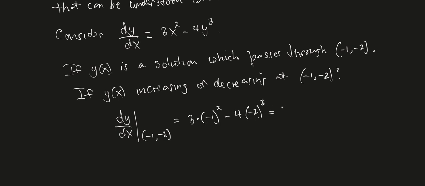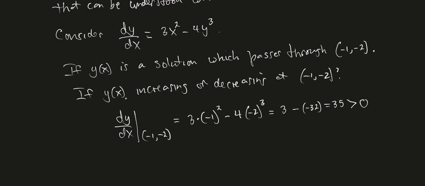So this gives me a +3 minus, and that's -8 times 4, so a -32. So we end up with +35.